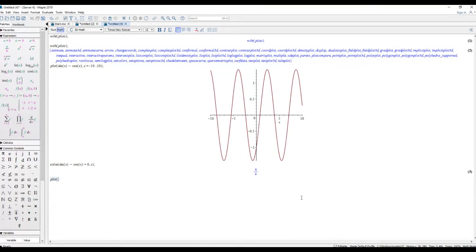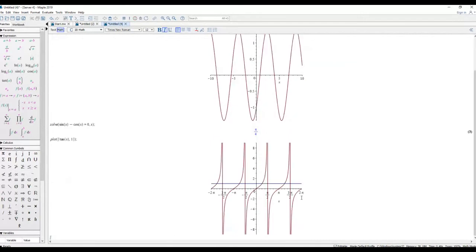So I can plot tan of x, and I can plot 1. Now notice I'm putting in the square brackets here, so it's a bit like plotting a list of functions. And let's see what happens.